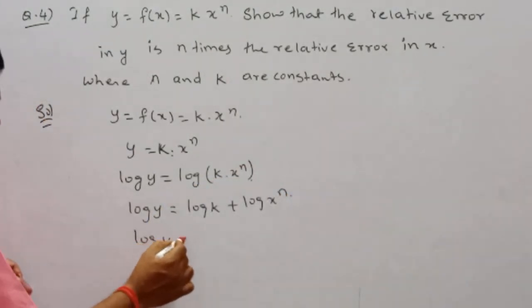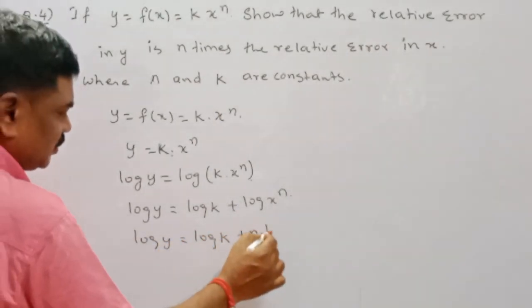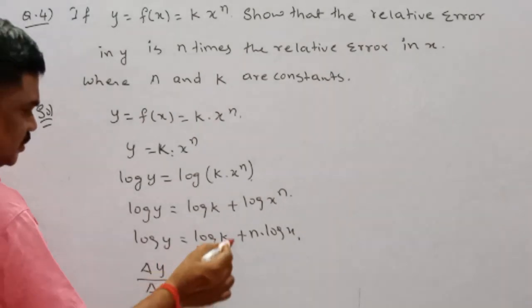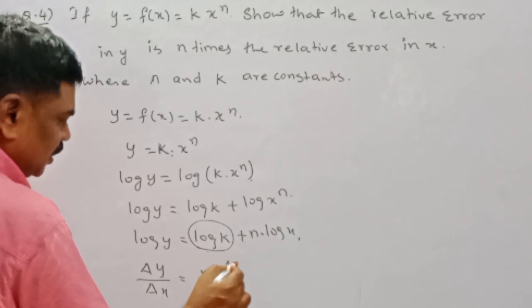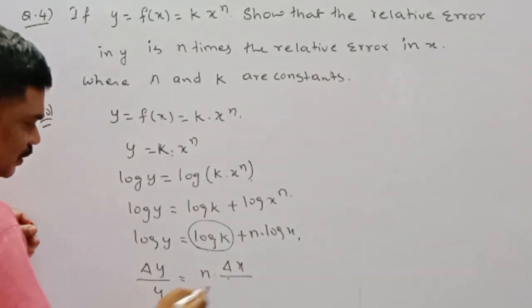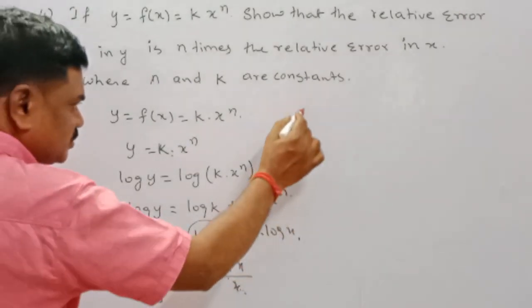So log y is equal to log k plus n into log x. By differentiation, delta y by y is equal to, k is a constant, n into delta x by x.